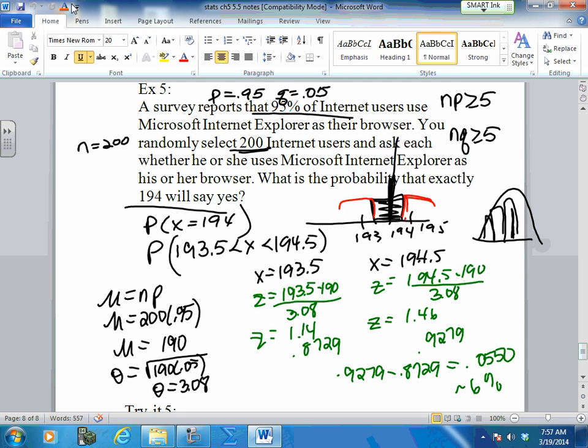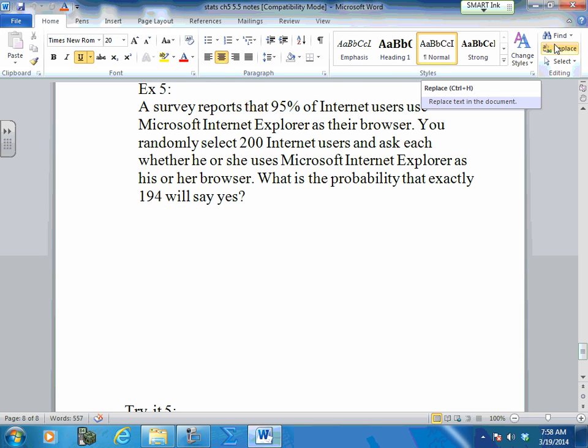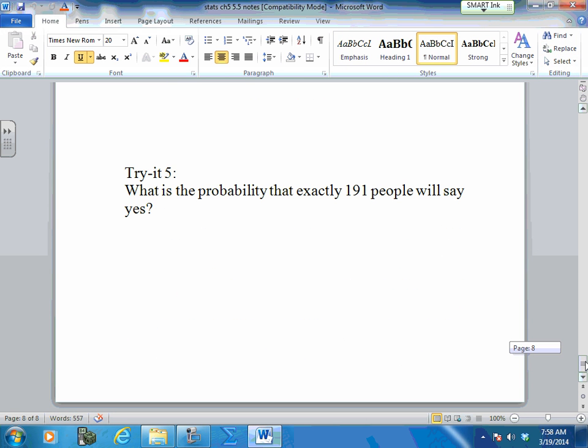In the next unit, when we get into confidence intervals, we'll see what we do, giving it a plus or minus margin of error, so you have a little bit more leeway when you use an exactly. So everybody okay with this? The exactlys, you've got to expand it. It's got to be a bar. All right, so let's have you try the next one. From the same thing. So now it's just this probability.